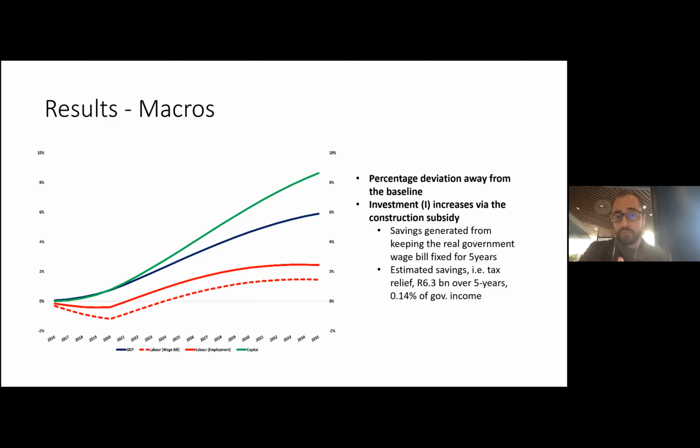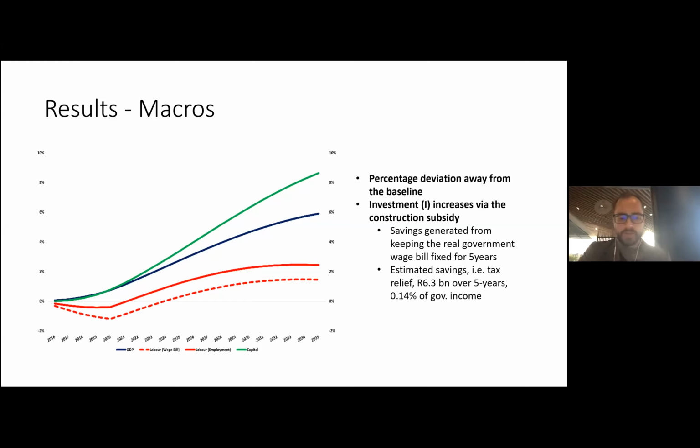Then we would probably have reached, what was it, President Zuma, I think, initially said the government wants to increase the number of jobs in the government sector by 1 million by this period. We would have reached that had they kept the wage bill and used that as a saving, as a subsidy for investment. But then, of course, the jobs wouldn't be in the government, they would have been in other industries throughout the economy.